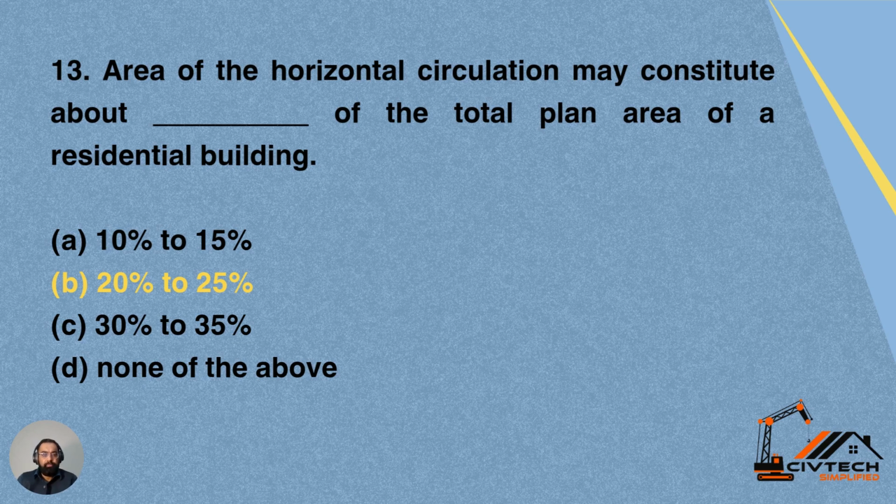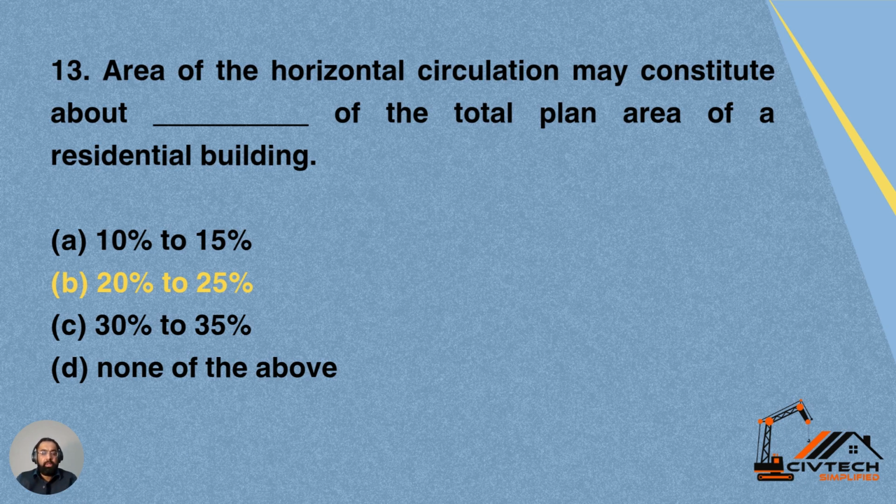Then question number 30. Area of horizontal circulation may consist about dash of the total plan area of a residential building. So the horizontal circulation area or primary circulation area may consist of how many percent of the floor plan of a residential building? Option A is 10 to 15%.